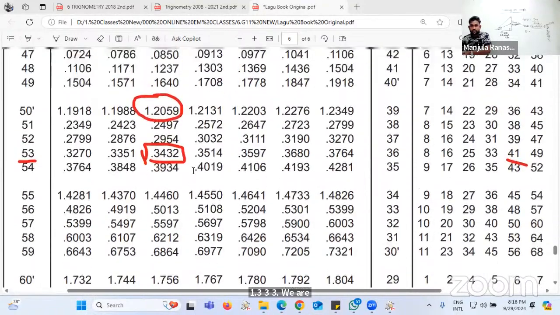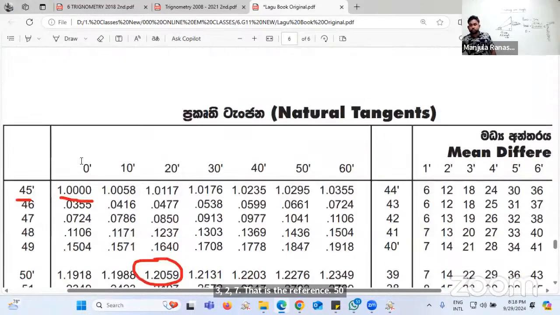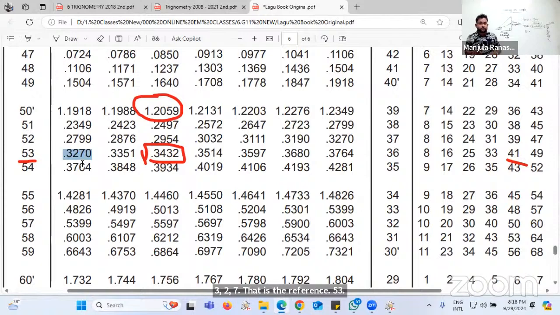So you can see there 1.3 3 3 to 7 is there. 3 to 7, that is the reference 53 degrees 0 minutes. So 53 degrees 0 minutes there. Right, then check what is the mean difference balance here.